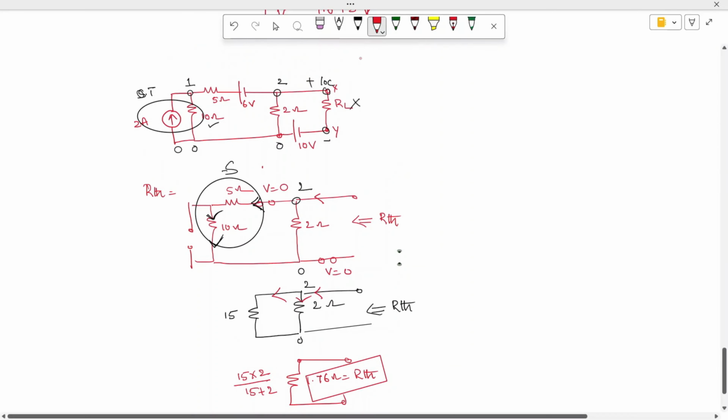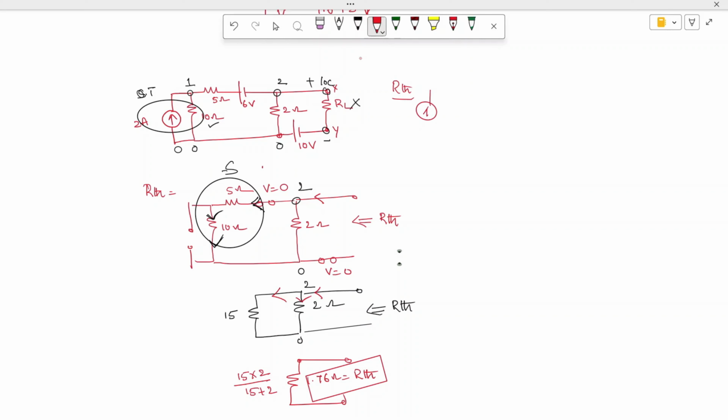Very simple. Current source. Okay, we follow the concept of this R Thevenin: if you have a current source, deactivate this current source. The magnitude of the source is 2 amperes. Deactivating the source is indirectly making it open circuited, and automatically the current becomes 0. And this voltage source is there. This voltage source is of 6 volts.